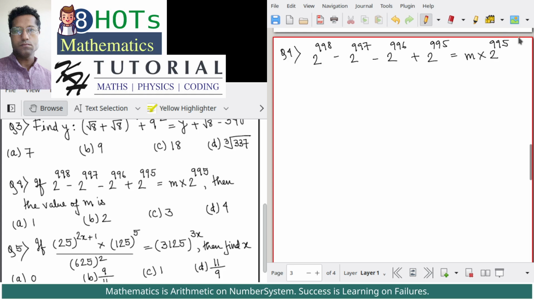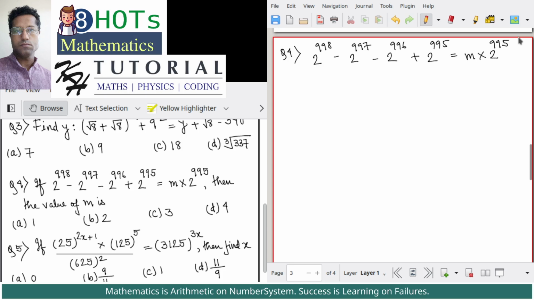Now clearly you see on the right hand side we are having m multiplied by an exponential term, which is 2 to the power 995, and on the left hand side we are having some addition and subtraction of exponential terms with the same base 2.